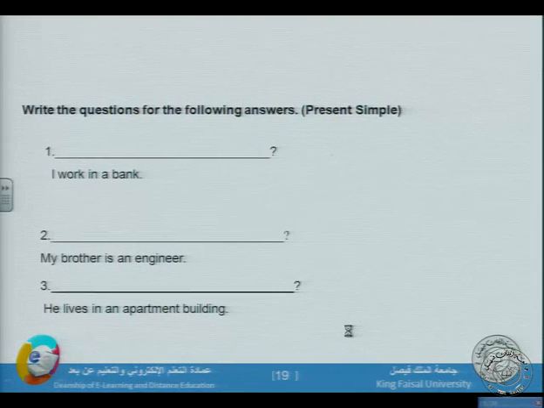Write questions for the answers. I work in a bank. Where do you work? هذا السؤال.